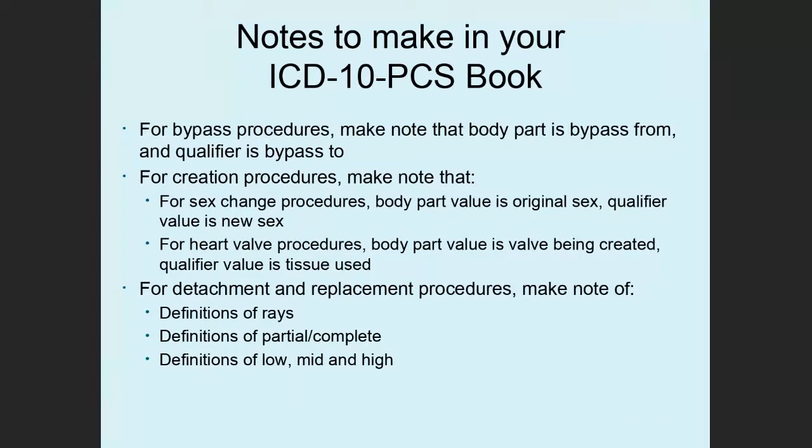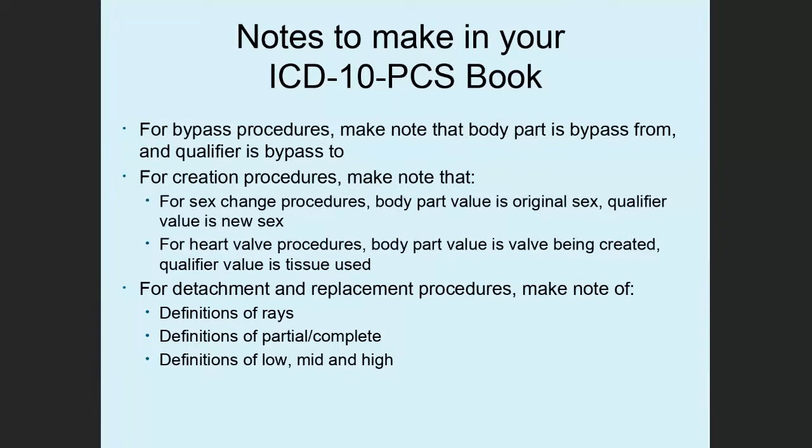So there's no way you can remember all the guidelines in this PCS book. Actually, qualifiers don't have any guidelines, but they're kind of hidden within some of the other guidelines. So here's some suggestions of things to write in your book to help jog your memory. For creation procedures, make note that for sex change operations, the body part value is the original sex, the qualifier value is the new sex.